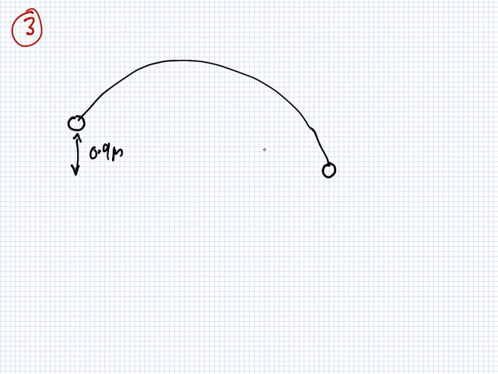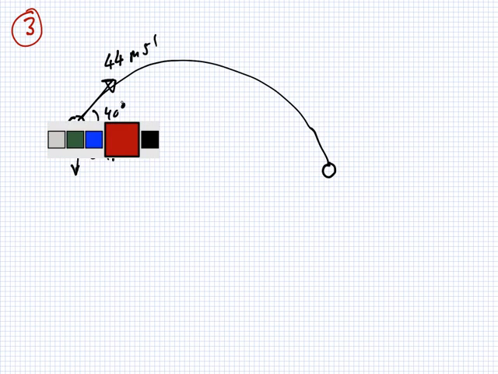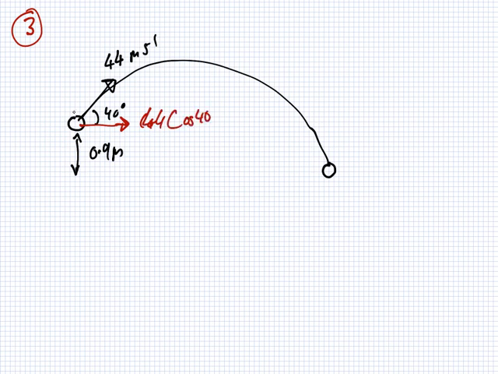This goes at 44 meters per second, and this angle here is 40 degrees. So this here is 44 cos 40, and this is 44 sin 40.